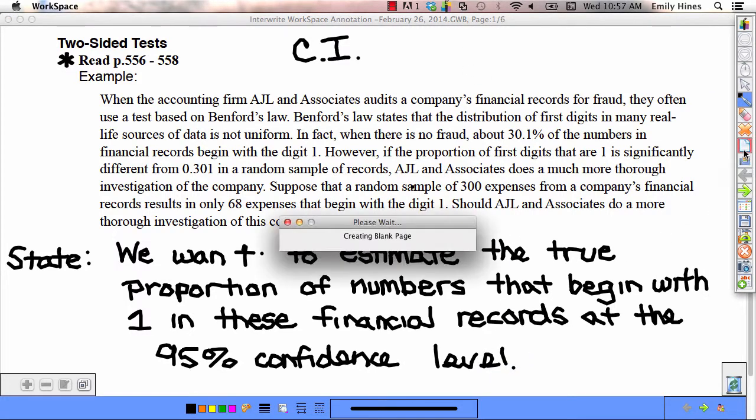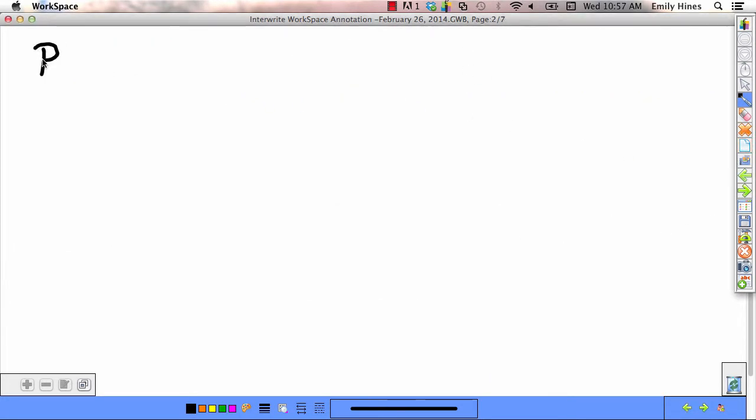So then I have to go to plan, which requires me to say what I would like to do. And since it's a confidence interval, I can either say that I want to use the confidence interval, which is a 1 sample z-interval for p.